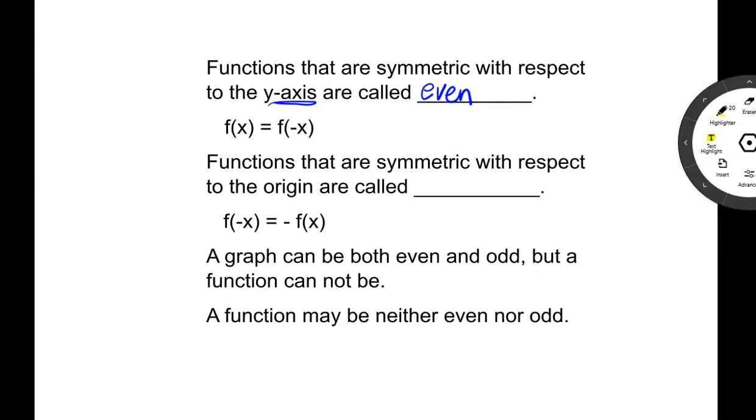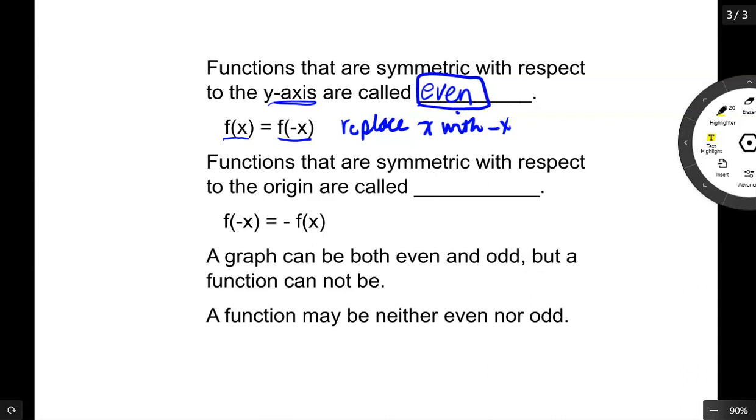Do you see how this is just another way of saying that? f of x equals f of negative x. We're replacing x with negative x. So it's just a new word. That's really all this page is doing, giving us a couple new definitions.